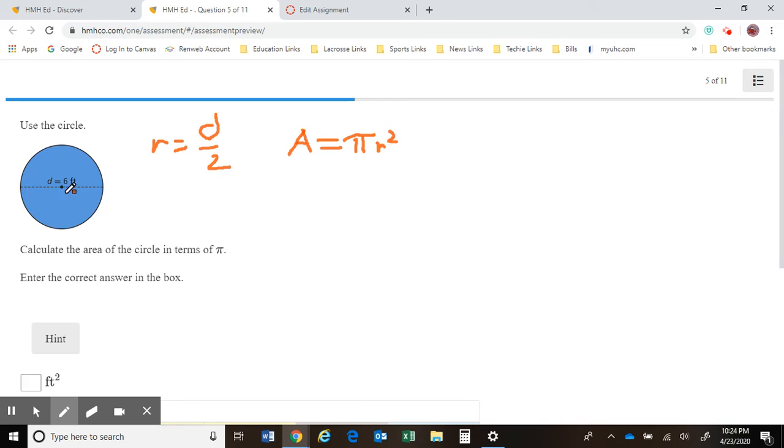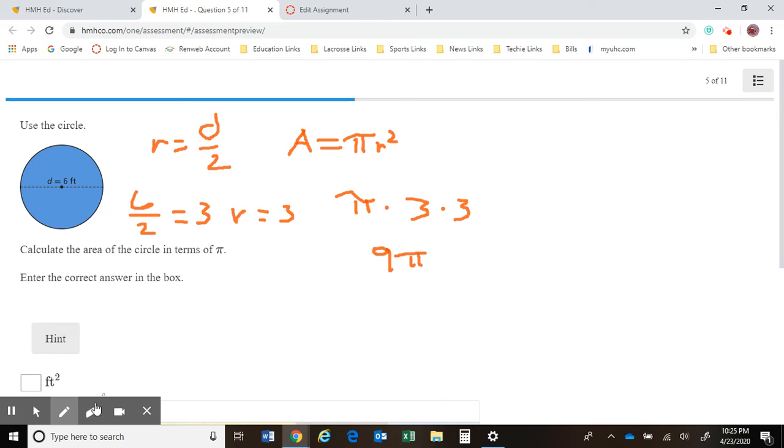I've got a diameter of 6, and 6 divided by 2 is 3, so my r is 3. That means pi times 3 times 3. I'm using these little dots as multiplication; you could use a little x. 3 times 3 is 9.